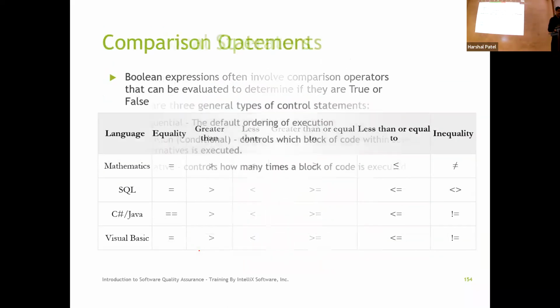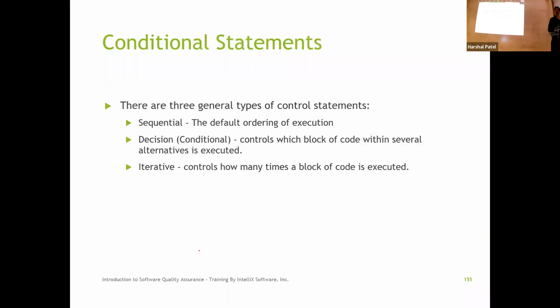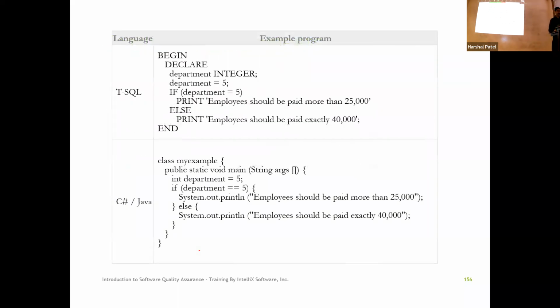Versus sometimes you may have to do a decision statement. Remember what we said: if the password meets the condition, then do this, else do this. That's a condition you're setting up, so this is an example of a conditional statement.